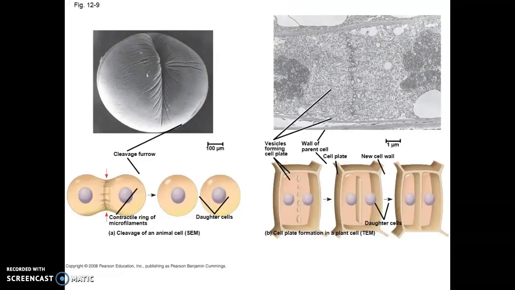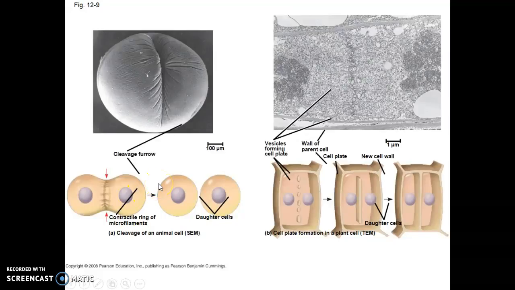This micrograph shows the cleavage furrow of a dividing animal cell.